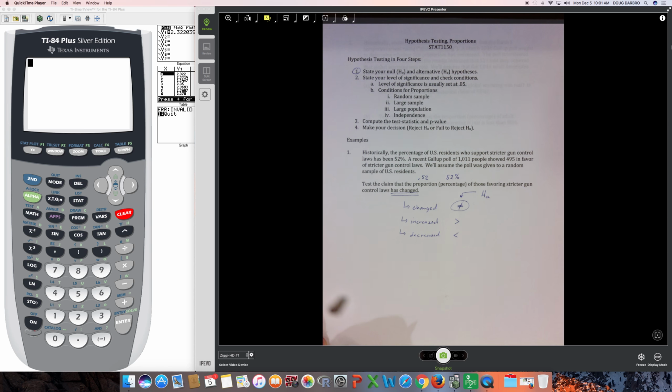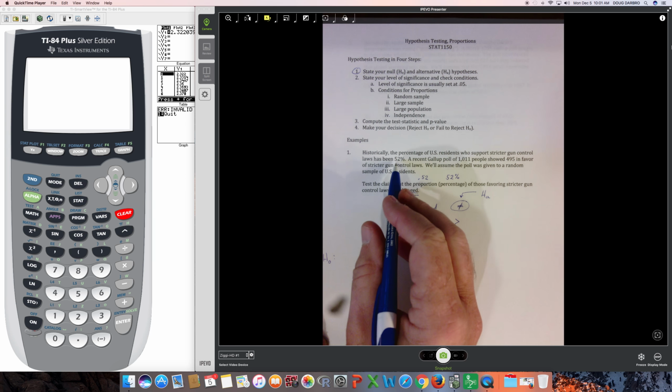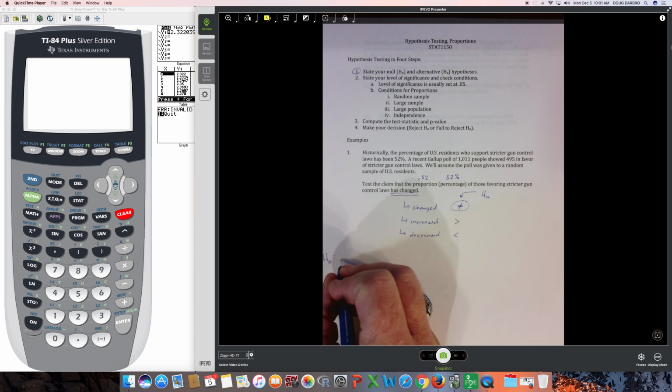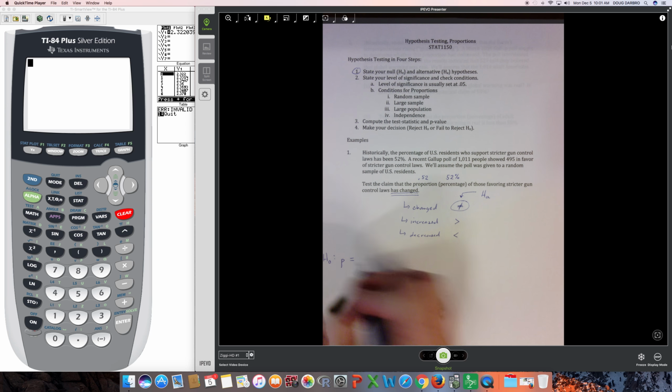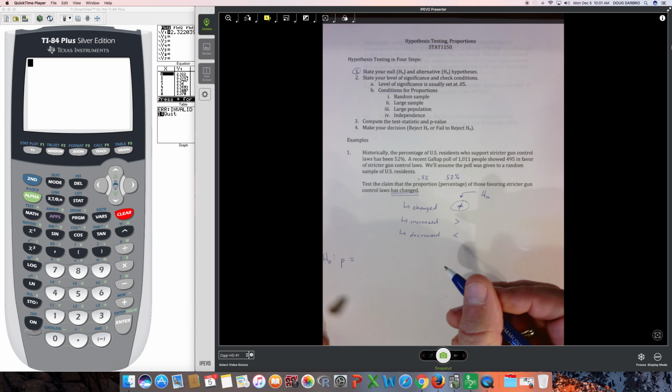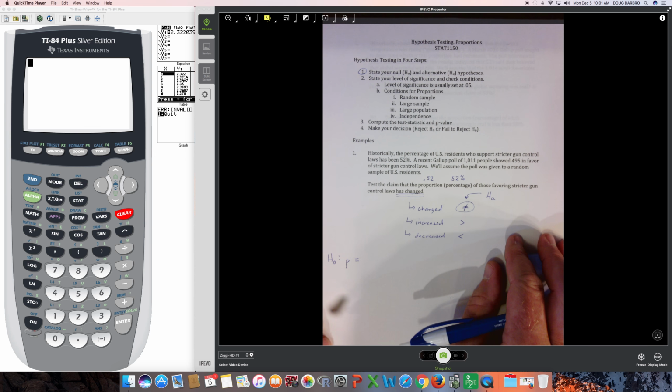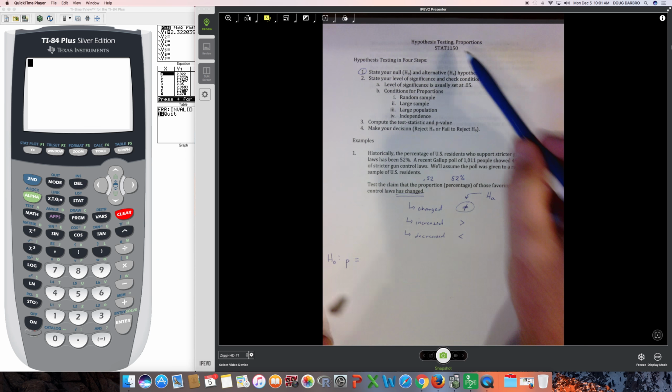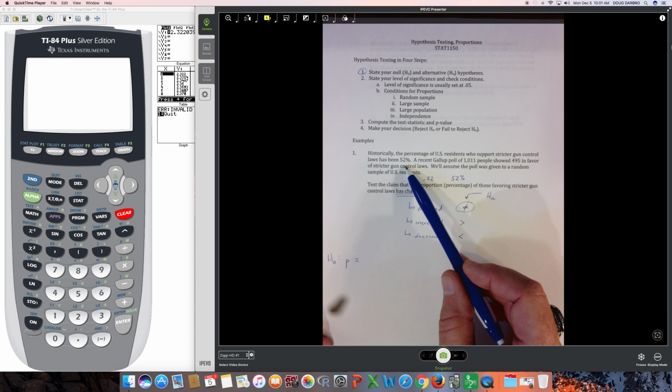So guys, let's go up here to the first thing. State your null and alternative hypothesis. So H sub 0 here is going to be about the claim, what's currently on record, what the current status quo is. And guys, here we're going to use a p instead of mu like we did in previous problems. The reason is we don't have hypothesis testing for a mean, we have hypothesis testing for a claim about a percentage.